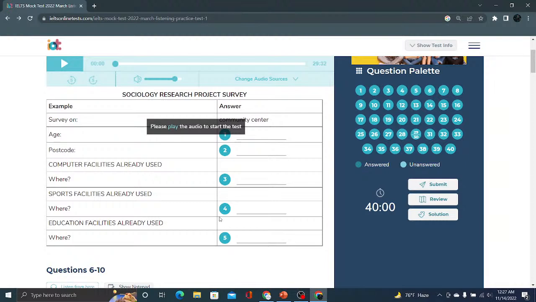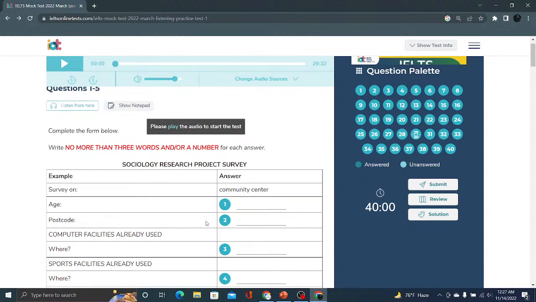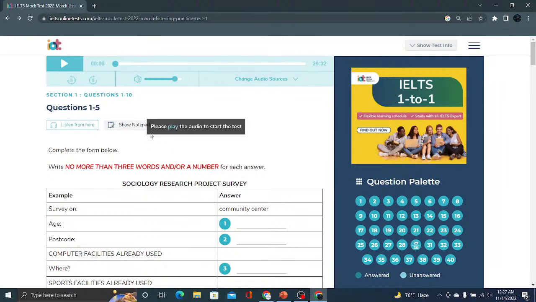So here is our test, and we are going to practice it. It's our practice test 5. Now we are going to start with Part 1, and here's the instruction for us: no more than 3 words and/or a number for each answer.